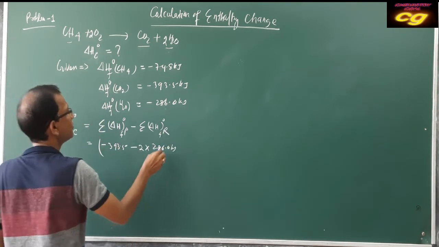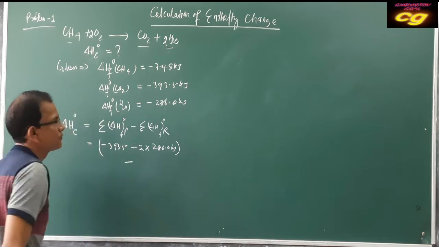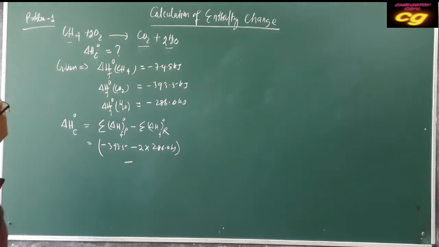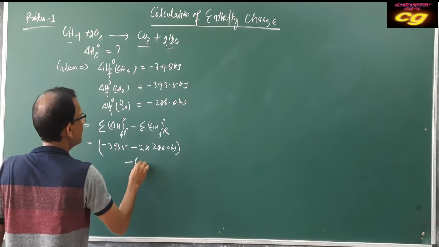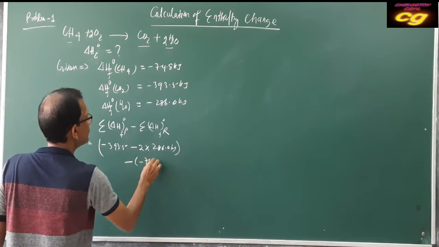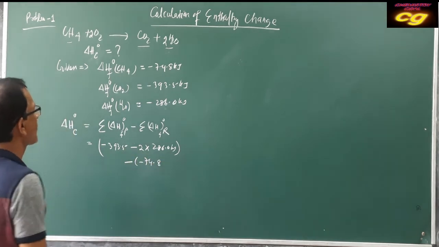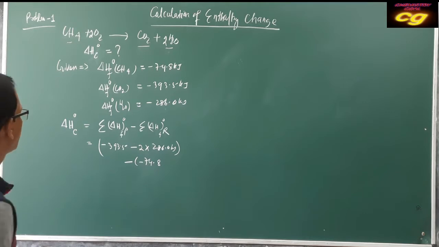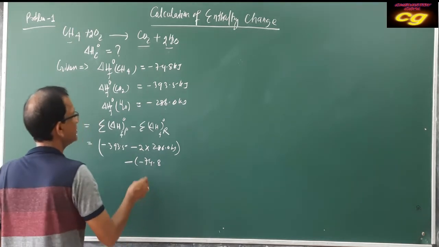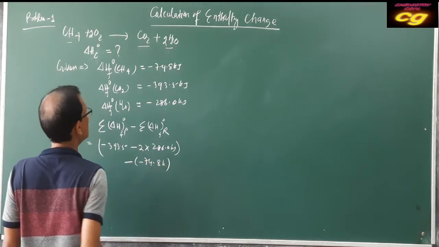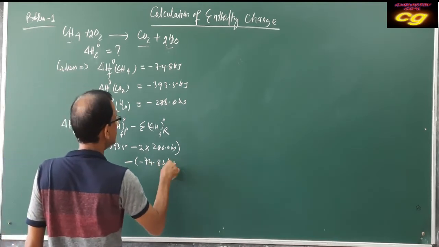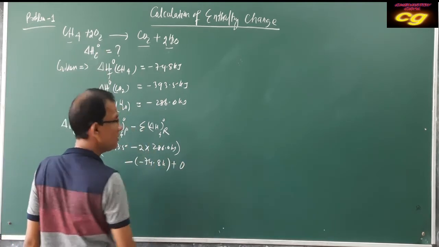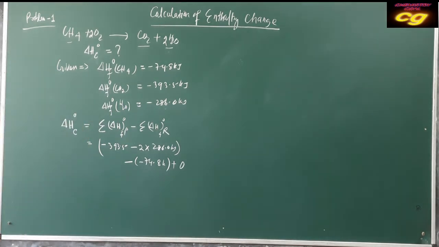This is for the products, minus the reactants. Here the reactant is only CH4, whose enthalpy of formation is minus 74.8 kilojoule, plus 0, because the enthalpy of formation of an element in its standard state is considered 0.